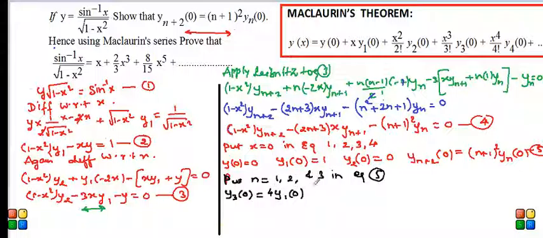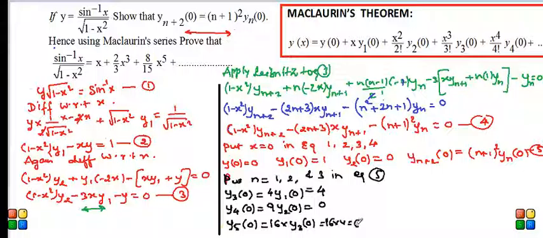So y1 of 0 is 1, so it is 4 into 1, that is 4. And when n was equal to 2, it becomes y4 of 0, and 2 plus 1 is 3, 3 square is 9, 9 times y2 of 0, but y2 of 0 was 0, so 9 into 0 is 0. Then n equal to 3, y5 of 0 becomes 3 plus 1 is 4, 4 square is 16, 16 into y3 of 0, but y3 of 0 is 4, 16 4s are 64, and so on like this.